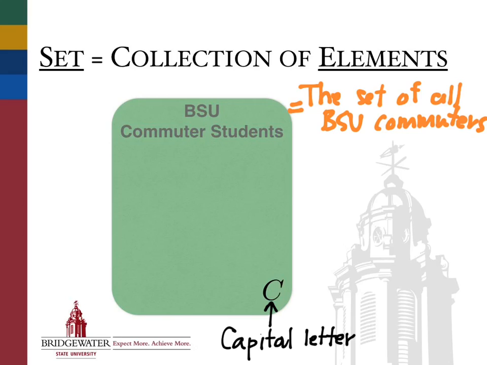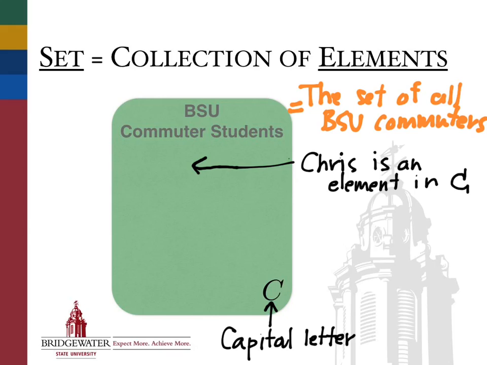So Chris, for example, has a Post-it in the set. So Chris is an element. That was satisfying. Okay, so Chris is an element in this set. An element in C. And because of that, in the set C, we use notation to express that membership, that belonging.